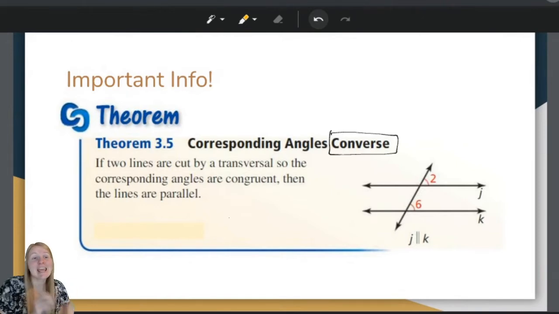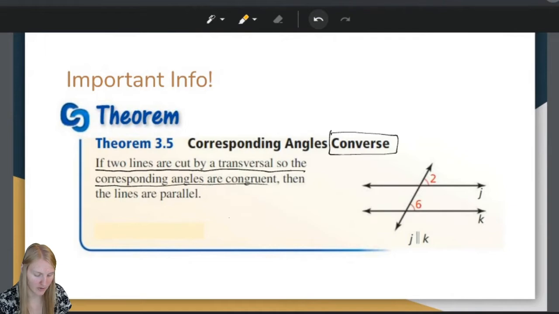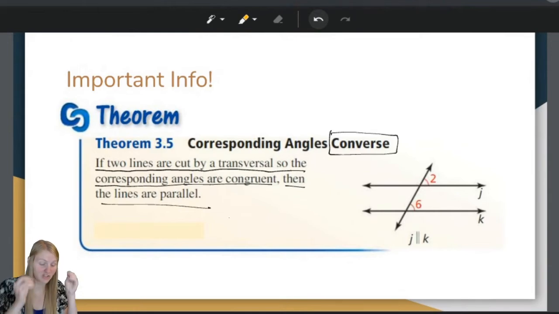So, if two lines are cut by a transversal, so the corresponding angles are congruent, then the lines are parallel. Huh. This is the exact opposite of what we learned in the last lesson. Last lesson, it was if the lines are parallel, then corresponding angles are congruent.